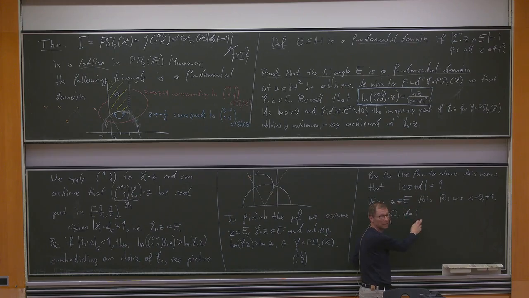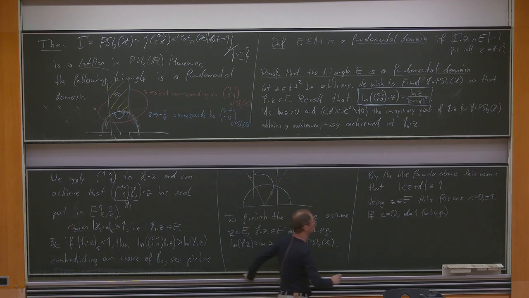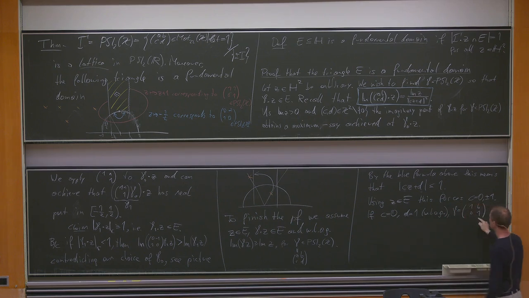And minus 1 doesn't count because minus 1 is equivalent to plus 1. We are doing everything mod plus minus the identity. Then I know pretty much this matrix here, I know the total last row of the matrix, 0, 1, then the A needs to be 1, because we want the determinant to be 1, and B needs to be an integer. 1, B, 0, 1 is our gamma.